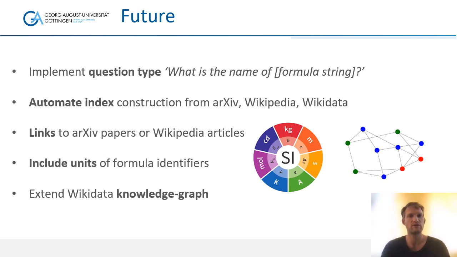MathQA should also return links to archive papers or Wikipedia articles, possibly with a surrounding text passage. Another important step is to include the units of the identifiers. However, the Wikidata knowledge graph still needs to be completed with this information.